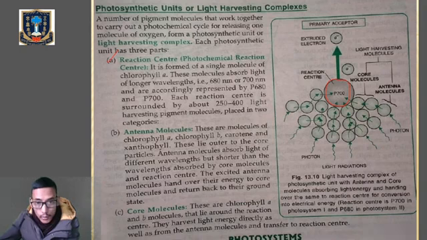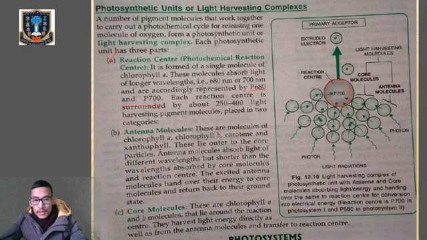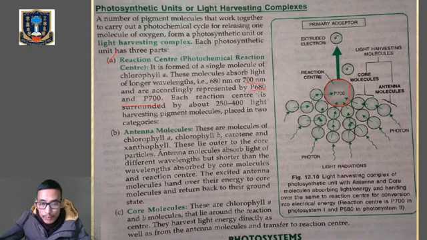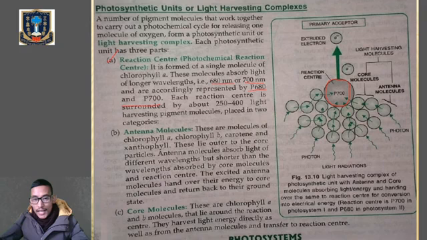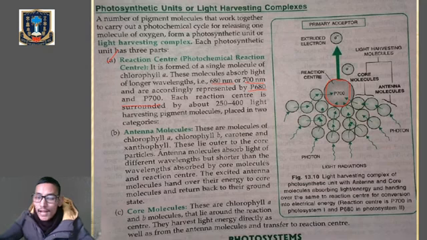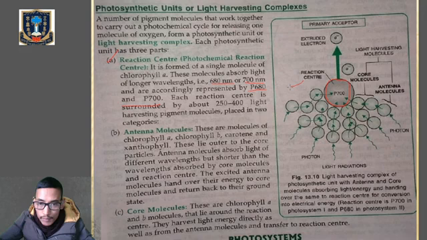P700 means it will absorb the wavelength of light of how many nanometer? 700 nanometer. P680 means it will absorb the wavelength of light of 680 nanometer. Clear? And each reaction center is mainly surrounded by about 250 to 400 light harvesting pigment molecules.